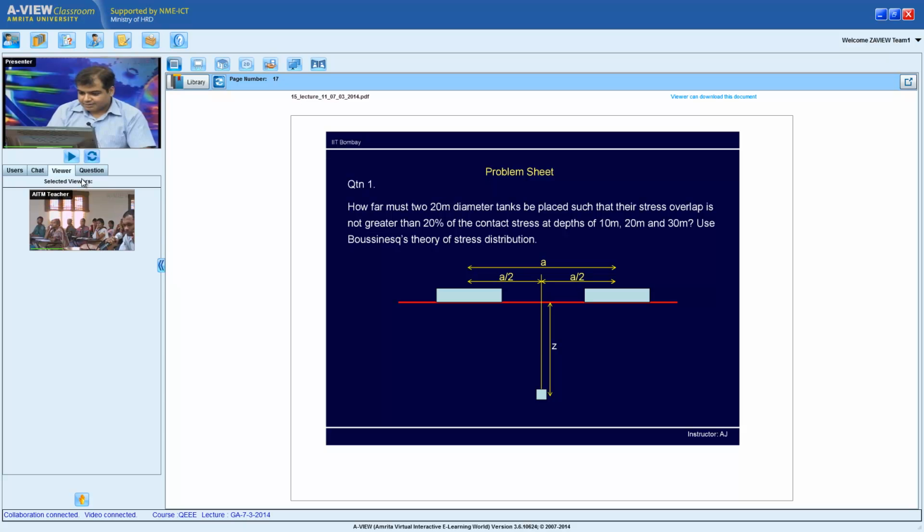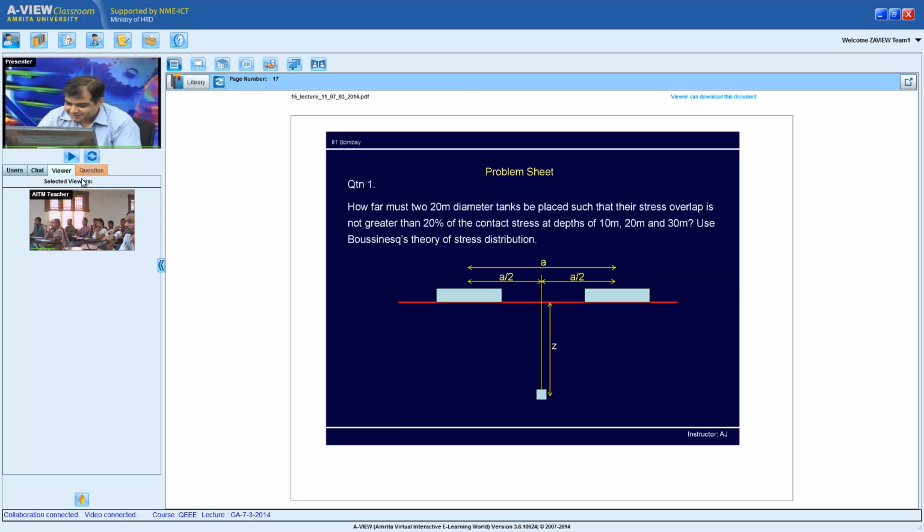Sir, I am Hanumantra from Aditya Engineering College. Sir, how does sigma z vary in the case of poorly graded soils and well graded soils?